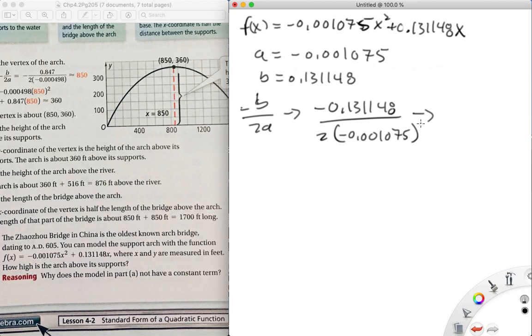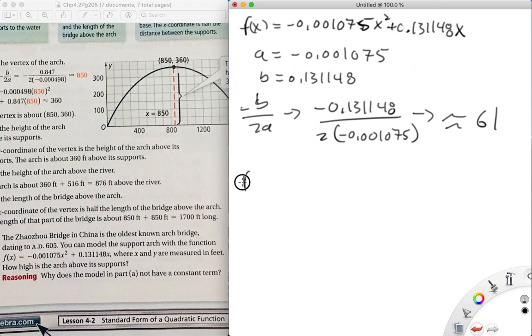That's going to give me some number, which is approximately 61 feet. Approximately 61 feet. Okay, so we're going to plug that in to find our height.